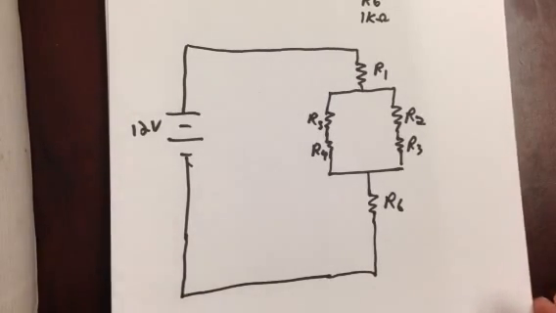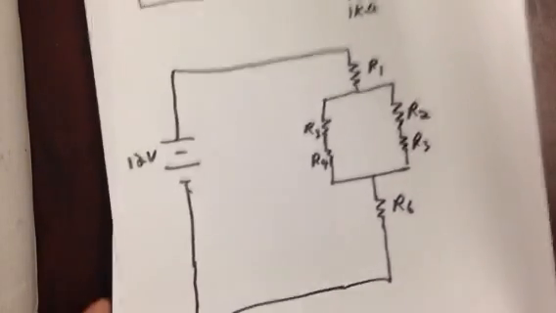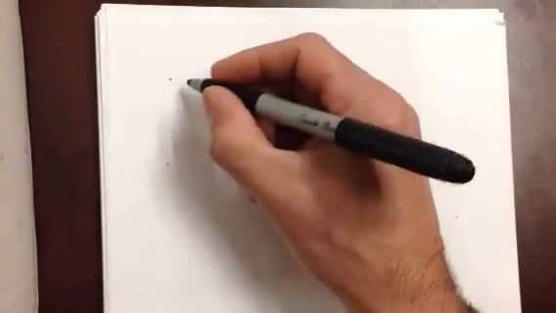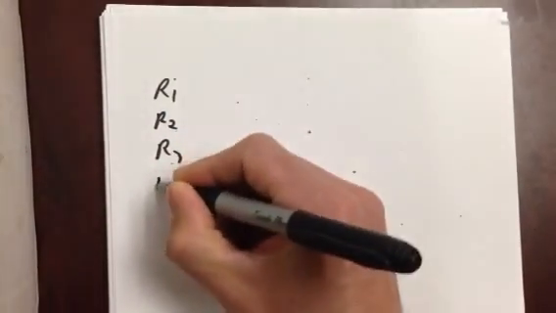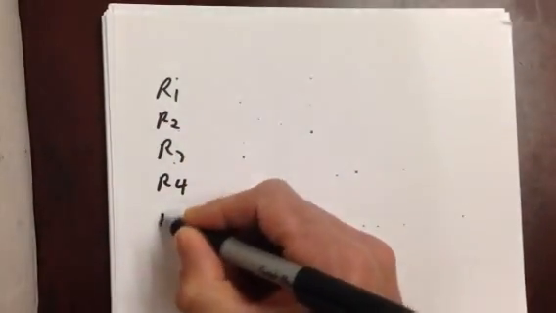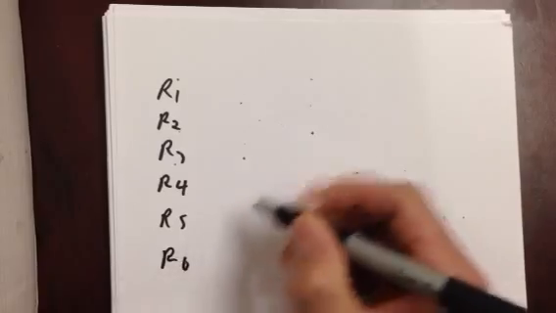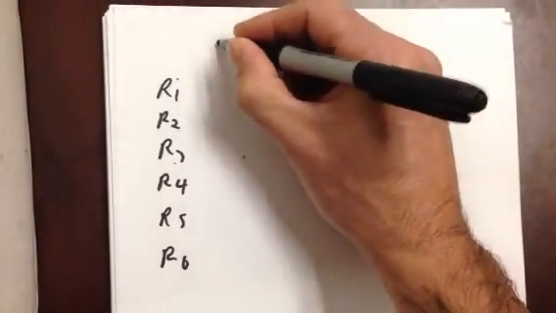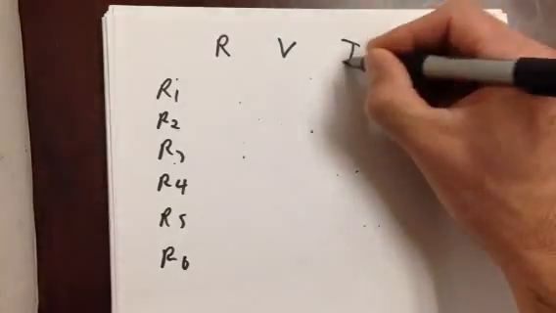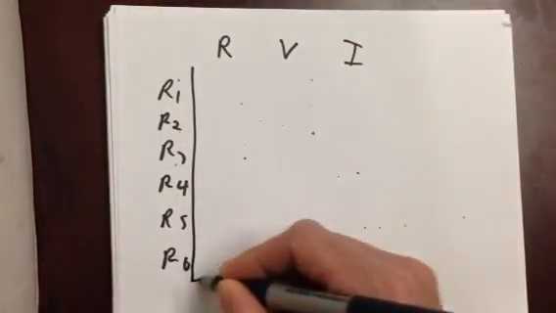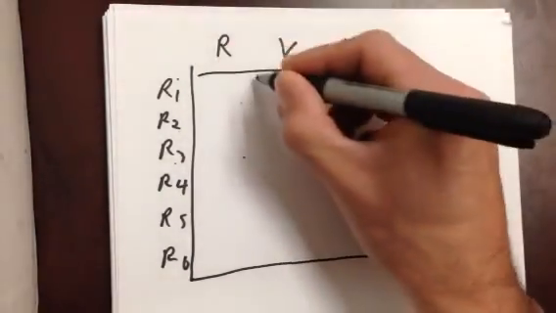Because we're solving several things here, I'm going to start out by getting organized, and I'll make a table. I have 6 resistors to deal with, and I'm interested in their resistance, their potential, and their current. As I find components here, I'm going to put them in the table.